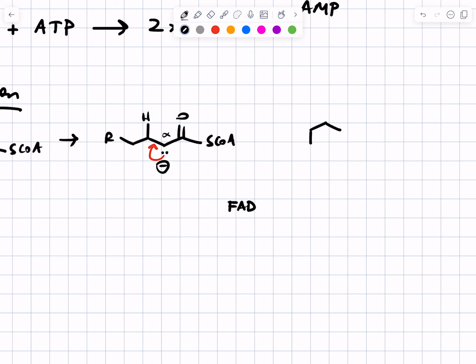It's way more complicated than NAD+, so it's a pain to draw. There are two nitrogens here, 6-membered ring there, a double bond there, another 6-membered ring here. FAD stands for flavin adenine dinucleotide.